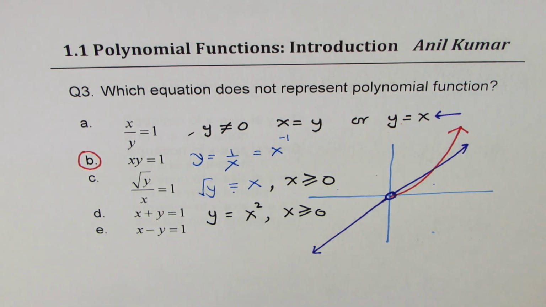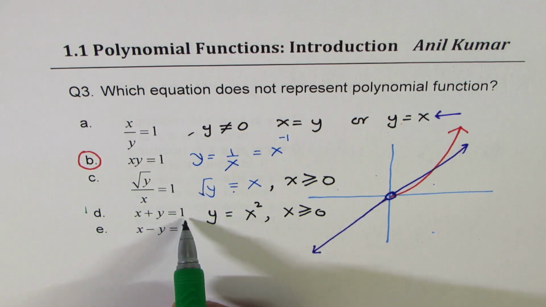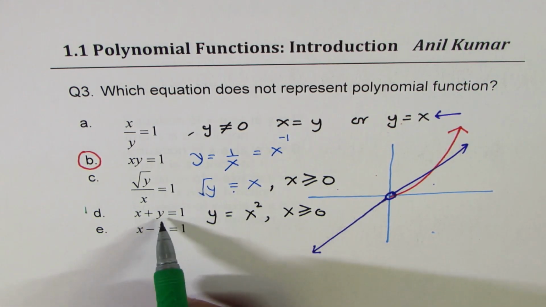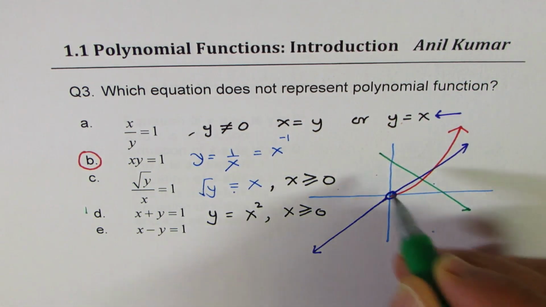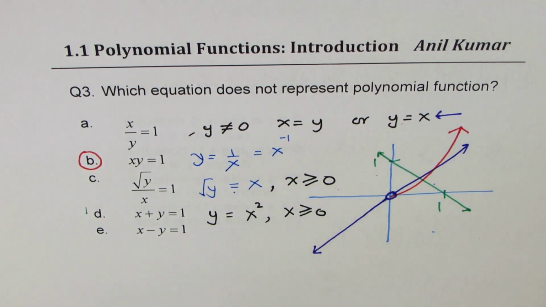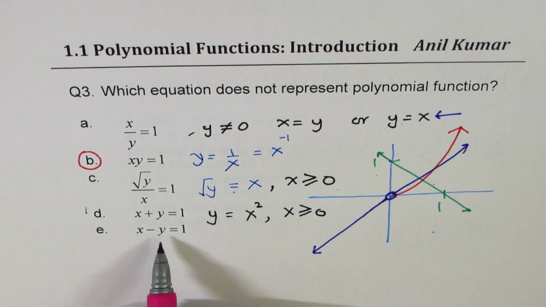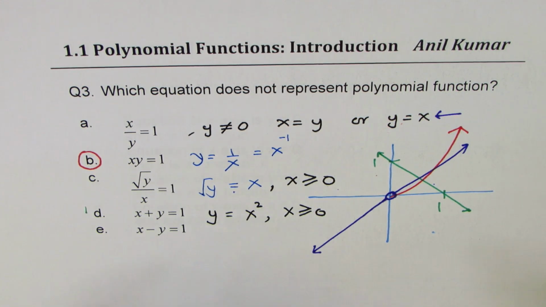Now the last two are straight lines, right? x plus y equals 1, that means both x and y intercepts are 1, and that could be the line x plus y equals 1, where this is 1 and that is also 1. Now if we have x minus y equals 1, in that case the x-intercept is 1 but y-intercept is -1.